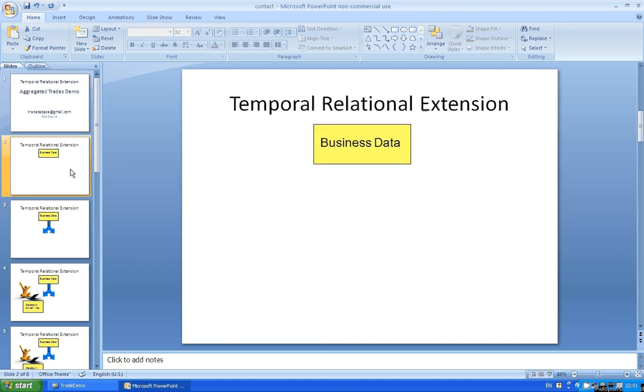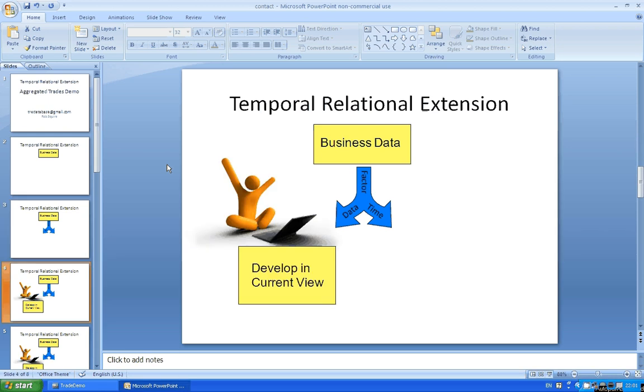Before we move into the demonstration, I'd just like to point out a few of the concepts behind TRE. We begin by looking at the business data that we want to model. If we factor away the time from the data, we are left with a current view model of the data.